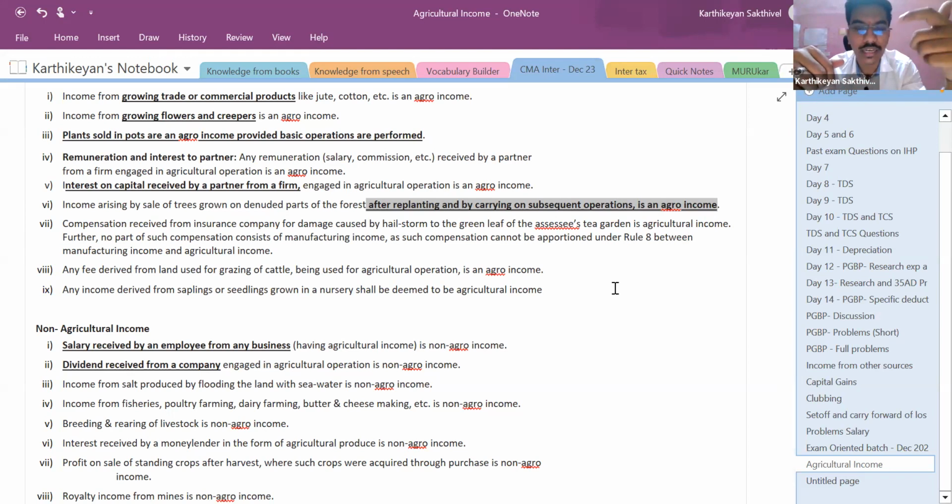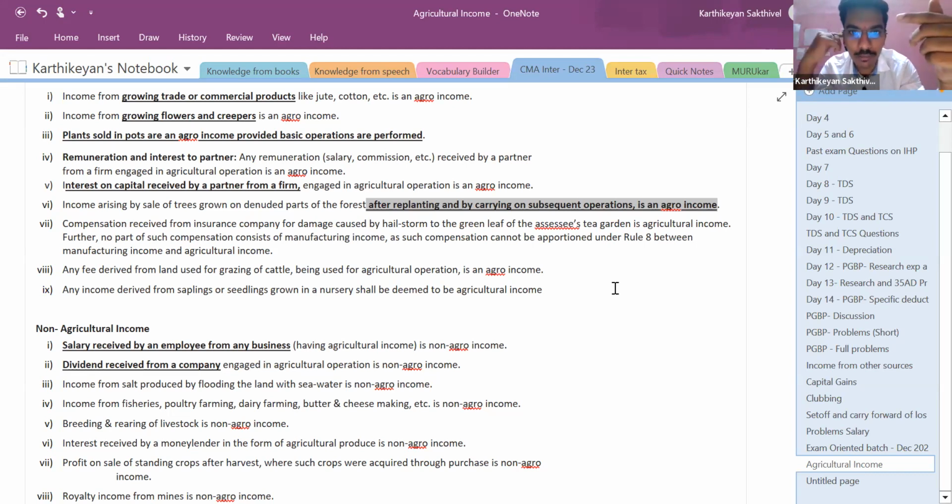For any income to be agricultural income, he should carry on the basic operations. Tilling of the land, sowing of the seeds, அதெல்லாம் வந்து basic operations. அதுக்கு அப்புறமா வந்து அந்த கலப்புடுங்கிறதுன்னு சொல்லுவாங்க பாருங்க. So that removal of weeds and then fencing and then pouring insecticides, pesticides, taking care of the agricultural produce, all those things are subsequent operations.